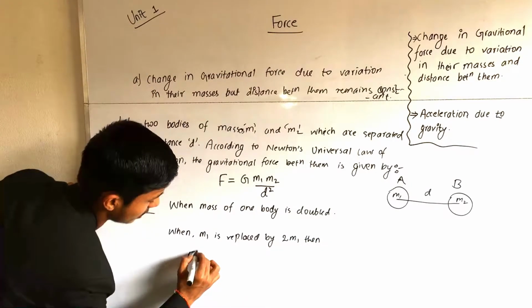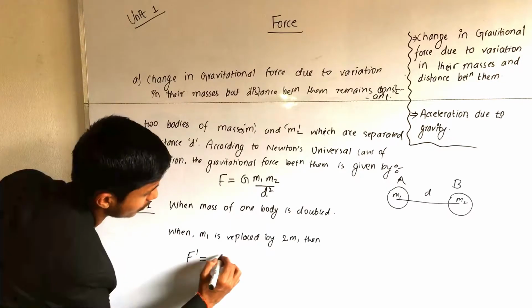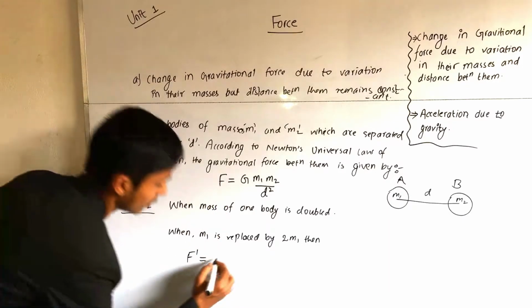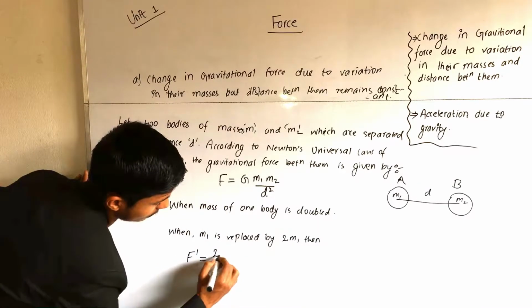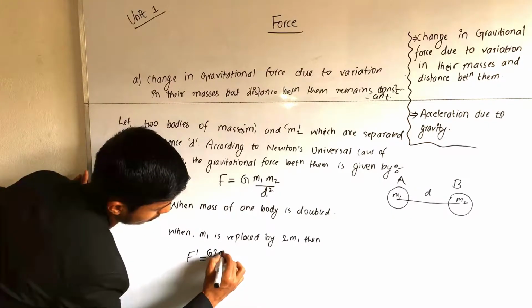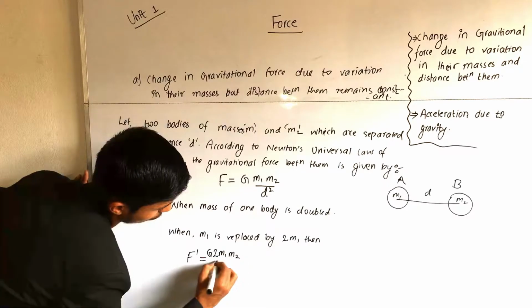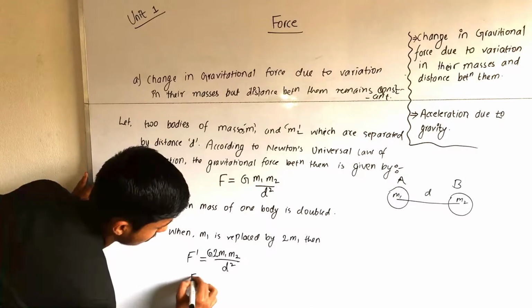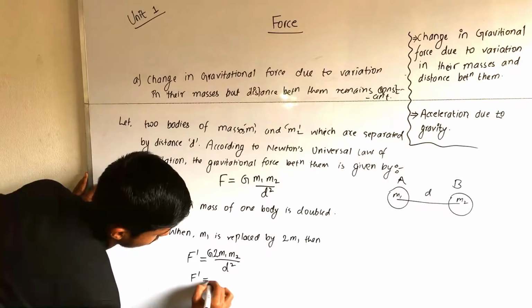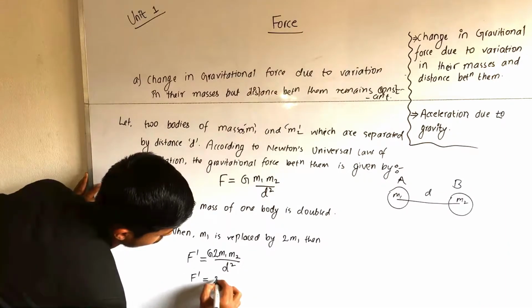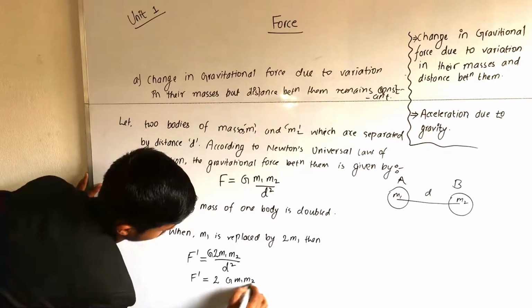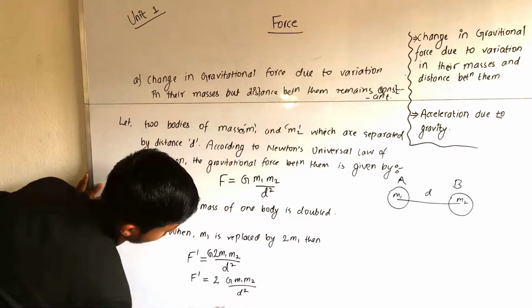So now we write here, then F dash, the gravitational force between the bodies when the mass of one body is doubled, is G 2m1 m2 by d squared. Then F dash is equal to 2 times G m1 m2 by d squared.